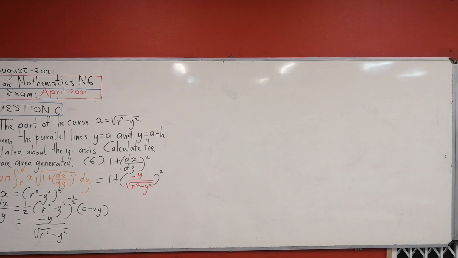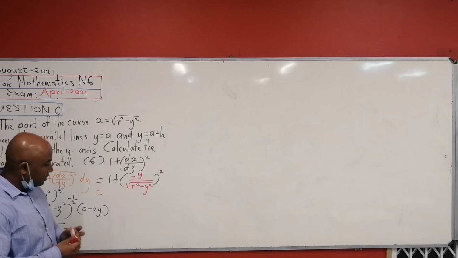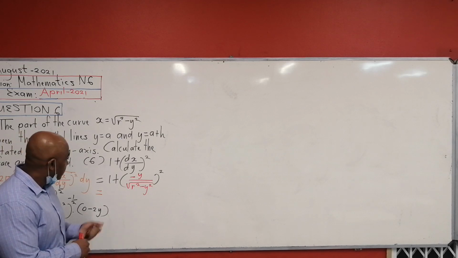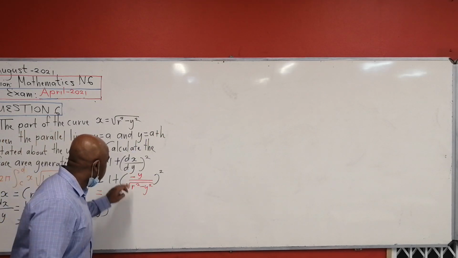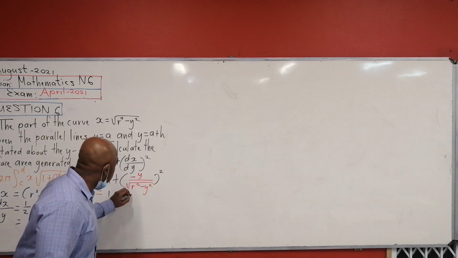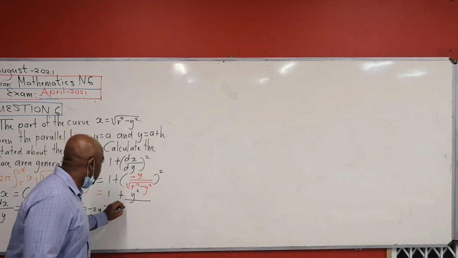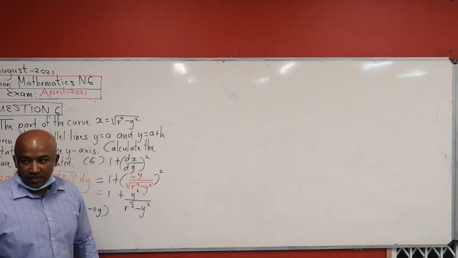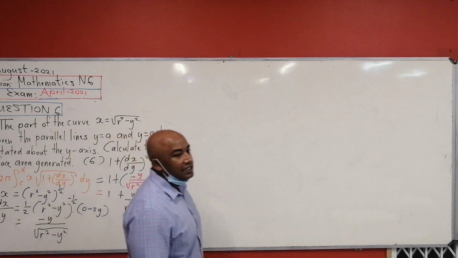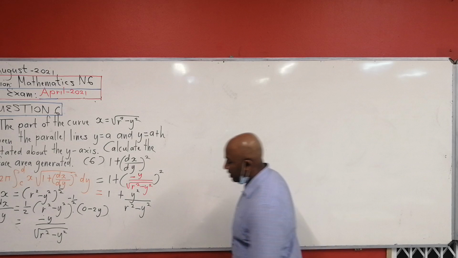So this is equal to 1 plus, square the numerator. Negative squared is positive, so that's y squared. Square the square root, and what's left is what's on the inside: r squared minus y squared. Right, now the LCD has to be r squared minus y squared.